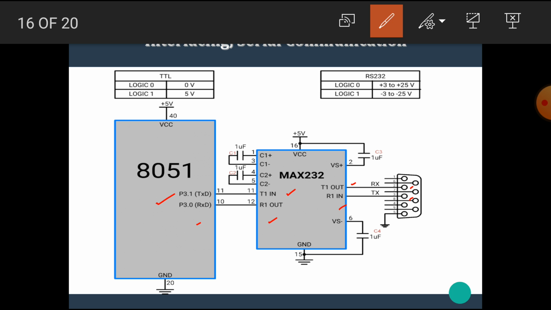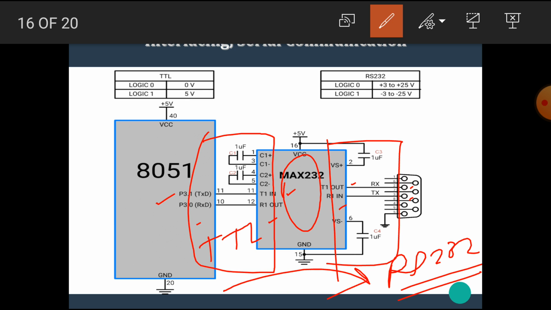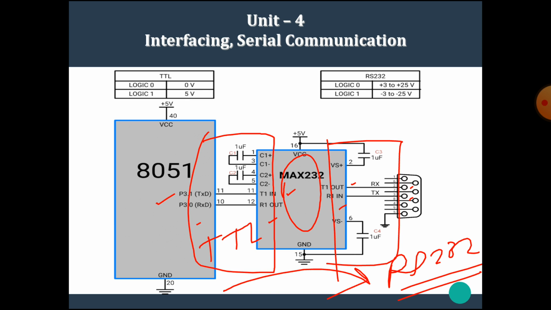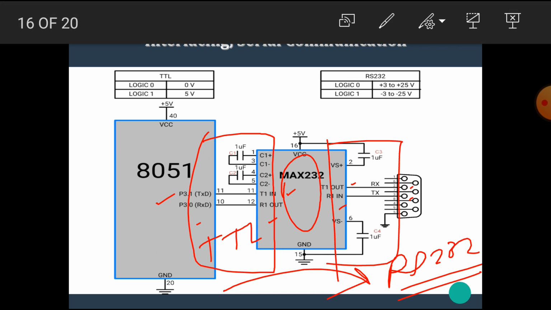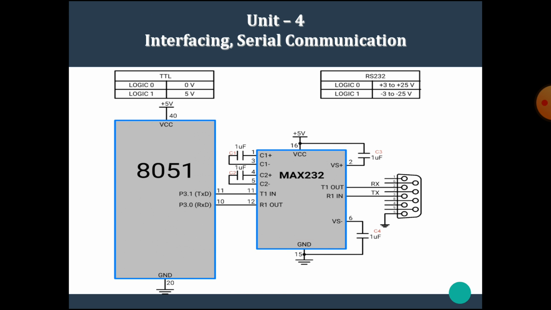Here the 8051 side is TTL compatible, and this side is RS232 compatible. This is the basic job of MAX232, that it makes TTL compatible with RS232. I hope you all understand why we use the MAX232 chip here.